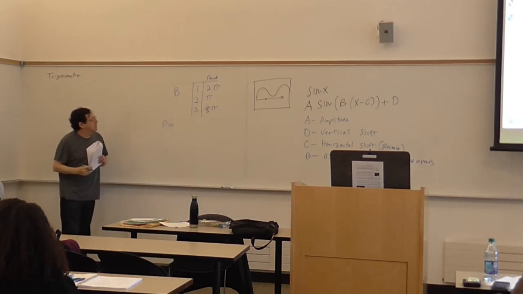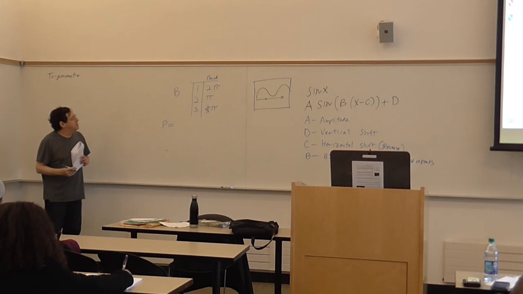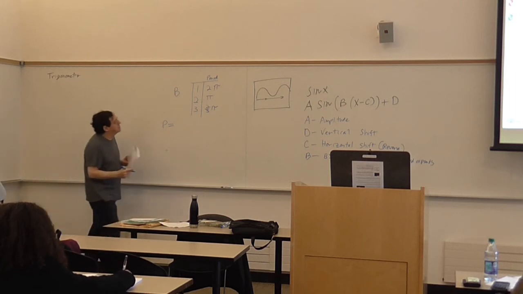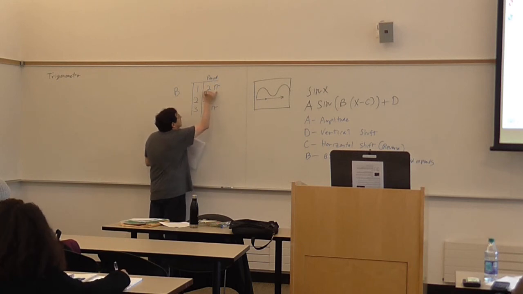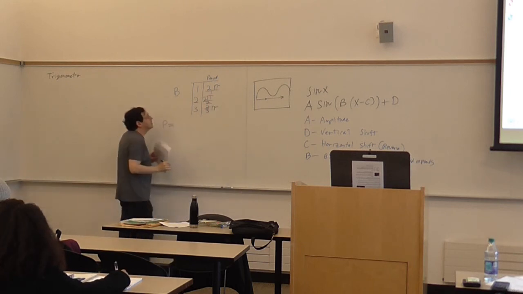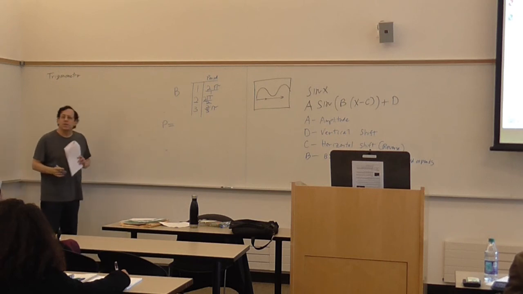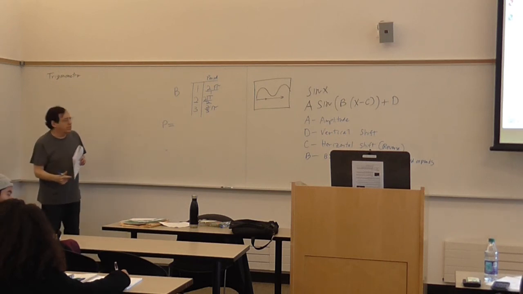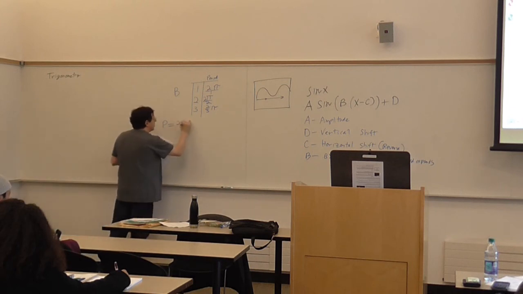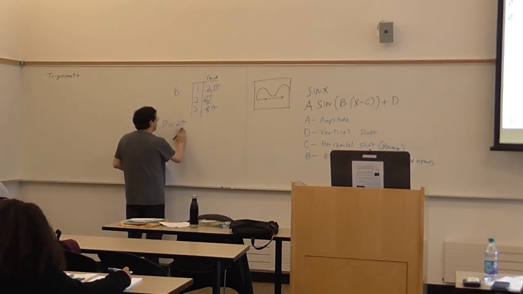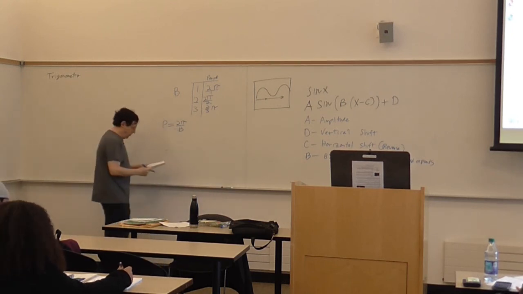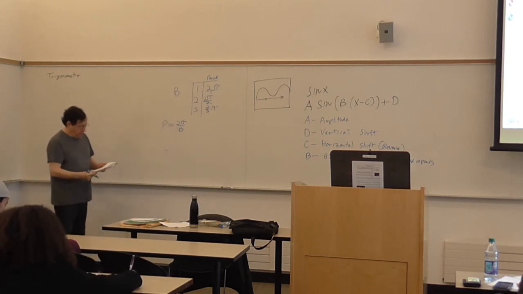What's the formula? Yes? 2 pi over b. Very good. Like the b value, yes. Okay, so that's the period.